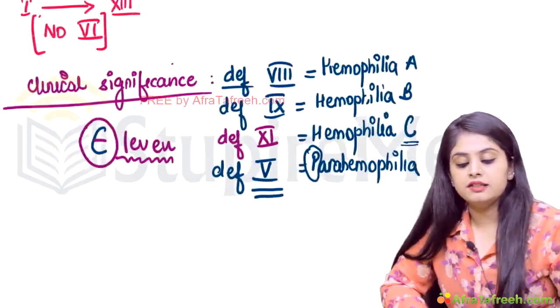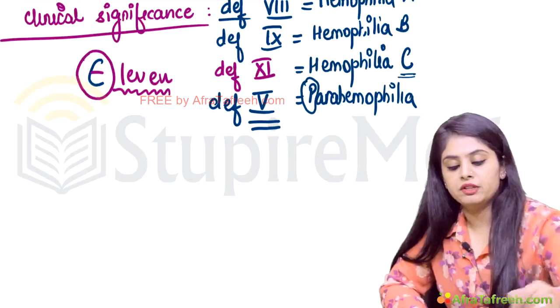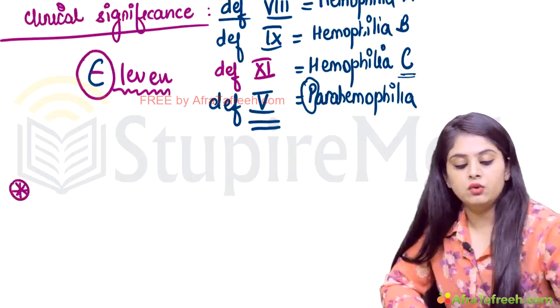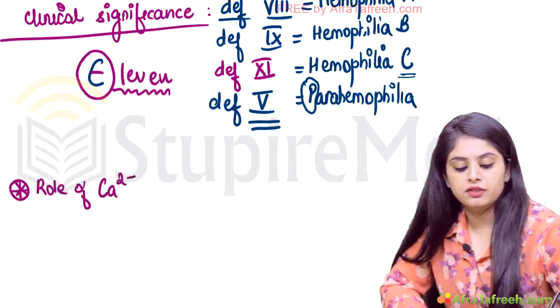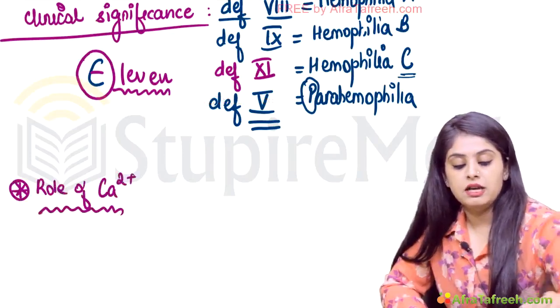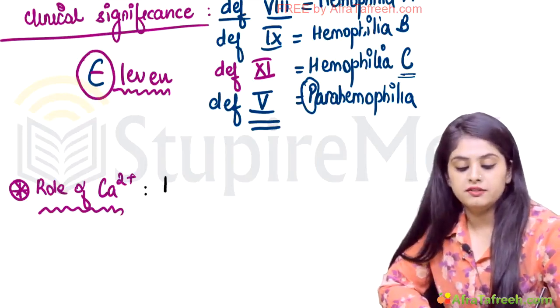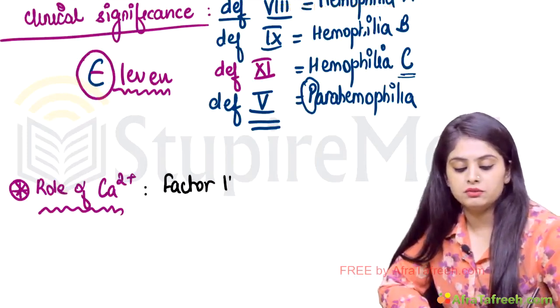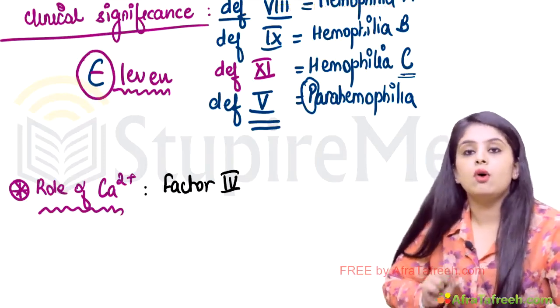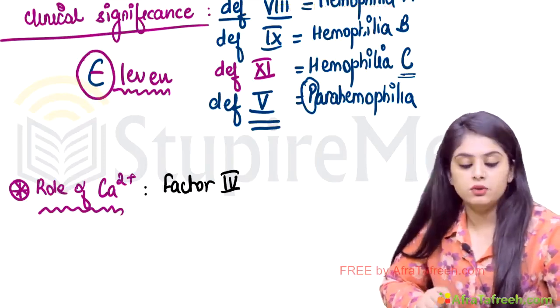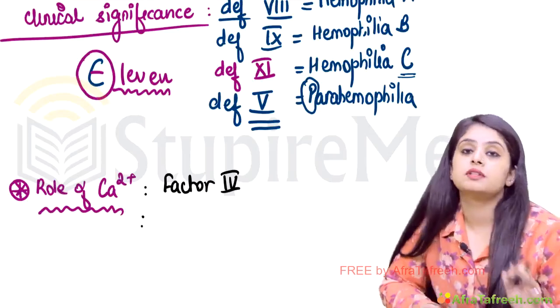There is another clinical significance that we need to know over here, which is the role of calcium. Now students, calcium is what factor number? It is factor number 4. Remember, all the clotting factors are being produced by the liver except calcium.